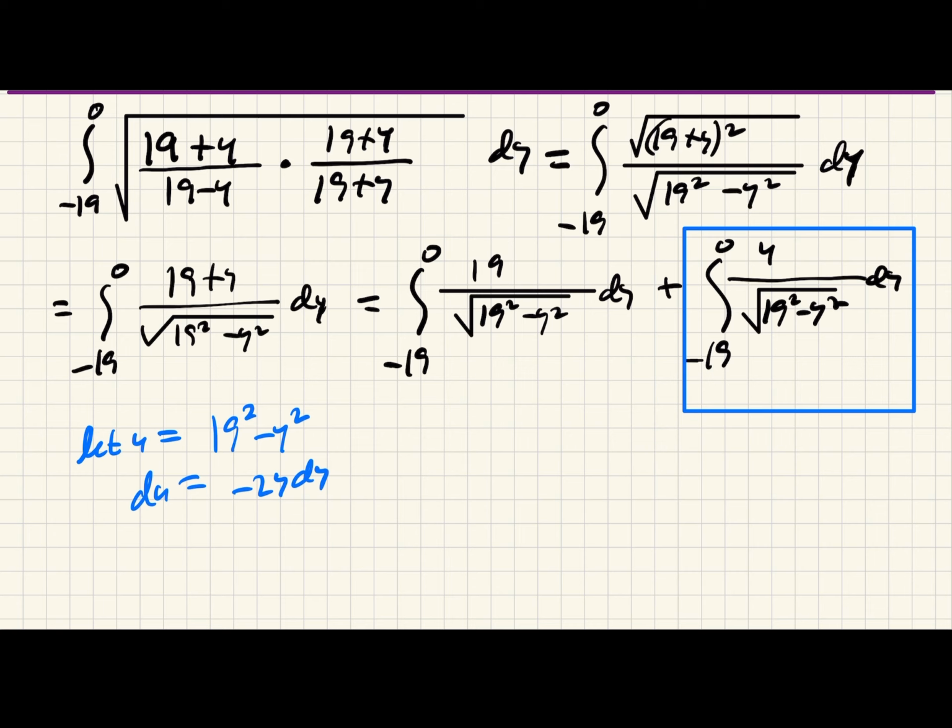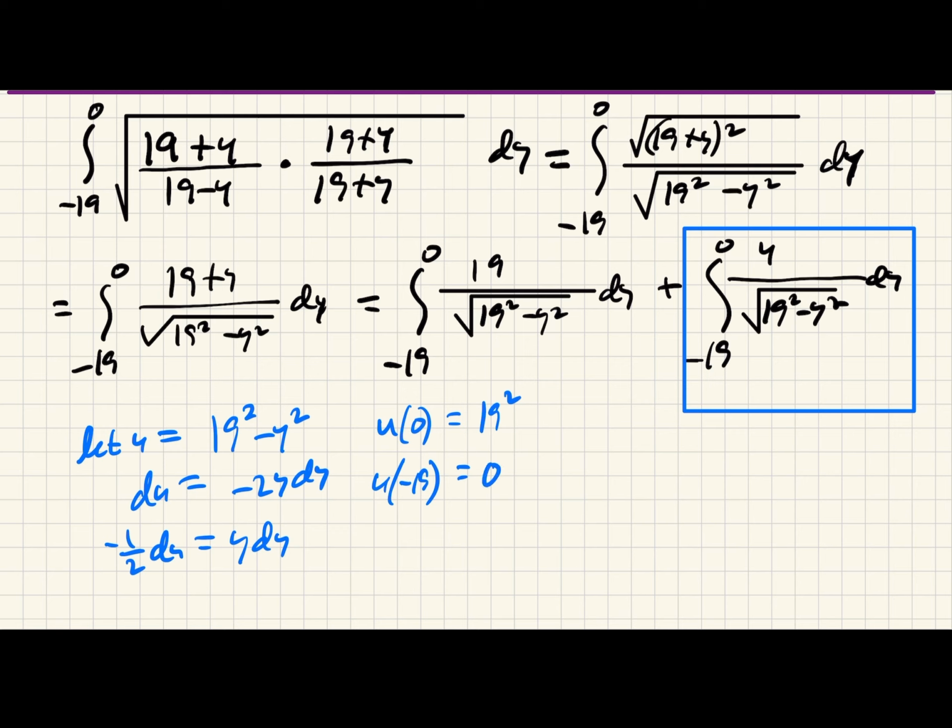So I'm going to multiply both sides by negative a half. So minus 1/2 du will be y dy. Excellent. That's all there. And then I might figure out what u of 0 and u of minus 19 are. So u of 0 is 19 squared, and u of minus 19 is 0.